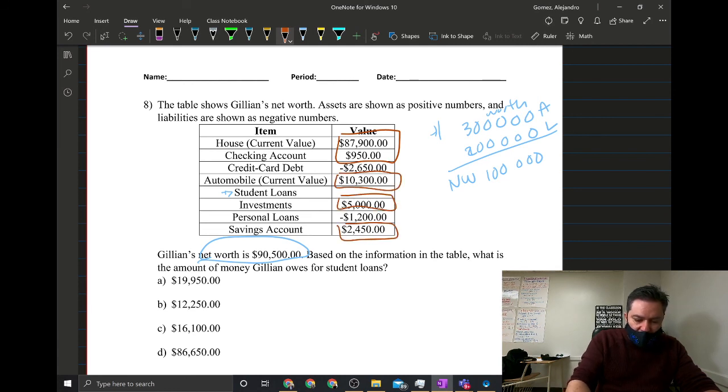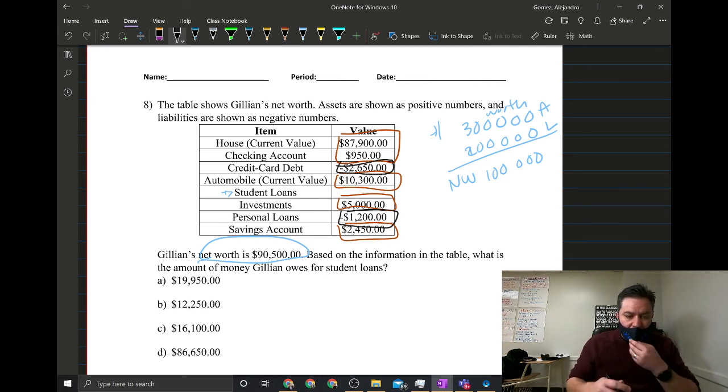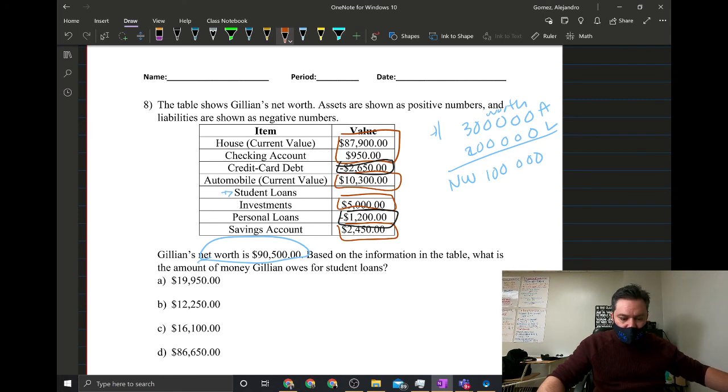I'm going to add all the positives together, and then I'm going to add all the negatives together, and then we're going to go from there. So let's see. When I add all my positives, I have $87,900 plus $950 plus $10,300 plus $2,450 plus $5,000.